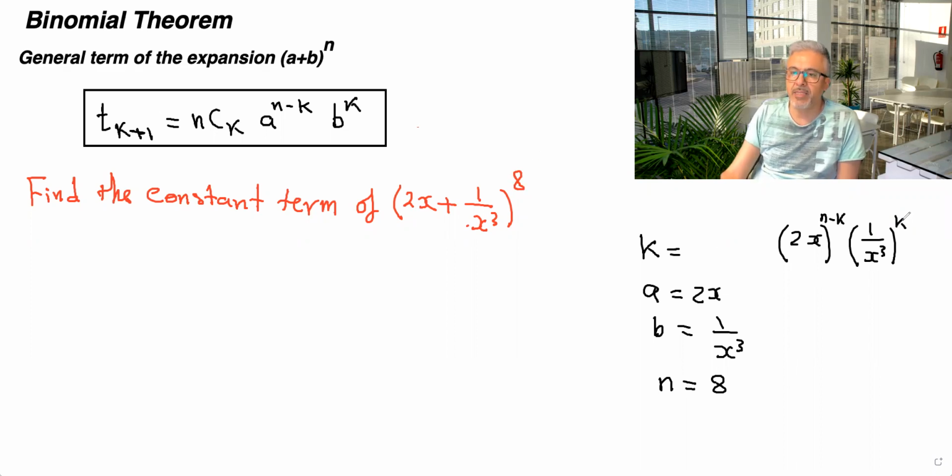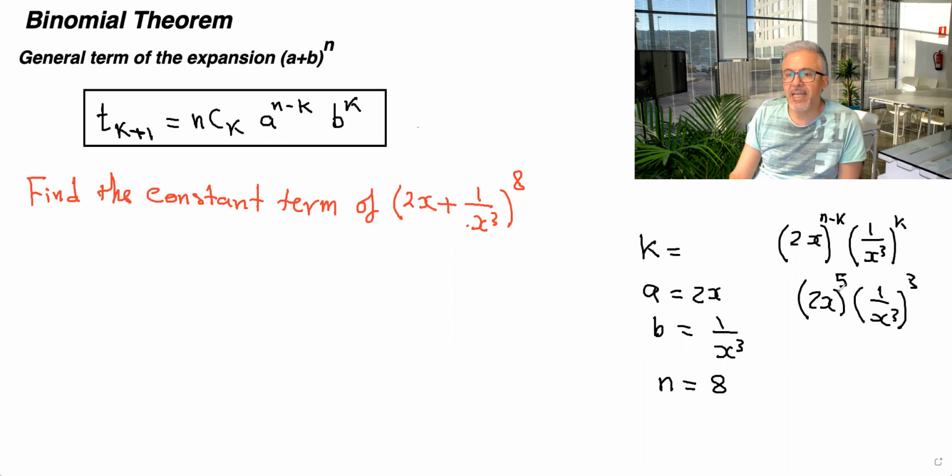So whatever n minus k and k are, when you add them, they end up adding to 8. So let's look at 2x. I'm just going to explore options. We know that this and this have to add up to 8. So let's say if we make k 3 here, then this would be 5.